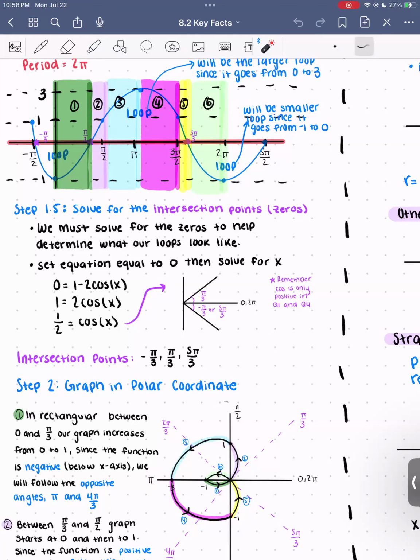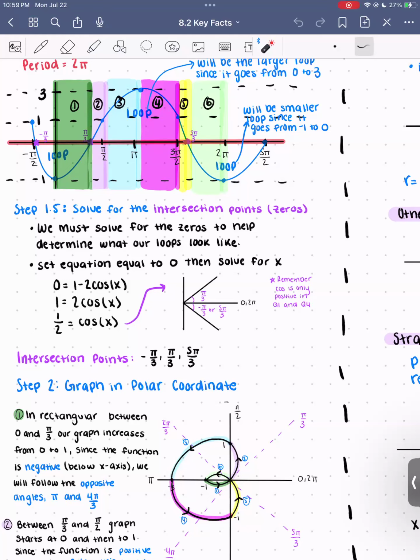And then step number 4 is going from pi to 3 pi over 2, but we're decreasing from 3 to 1. But we're still in our positive, so we're still going to follow pi to 3 pi over 2. So here we have 3 at pi, going down to our 1 at the 3 pi over 2 axis. That's how we get that side length.